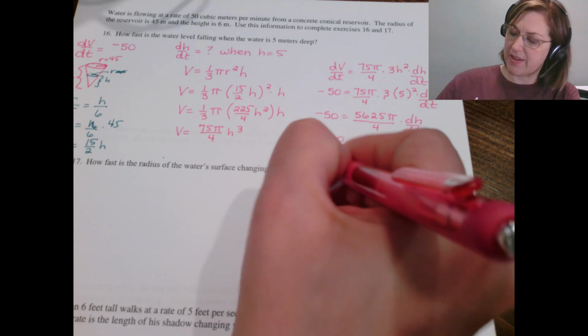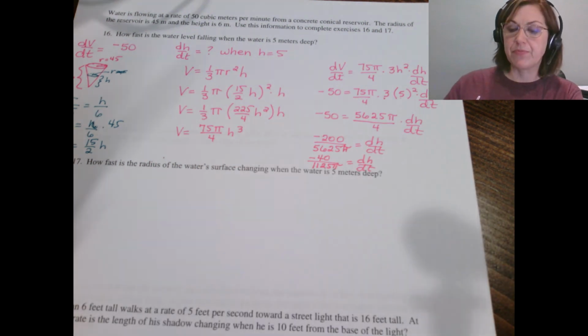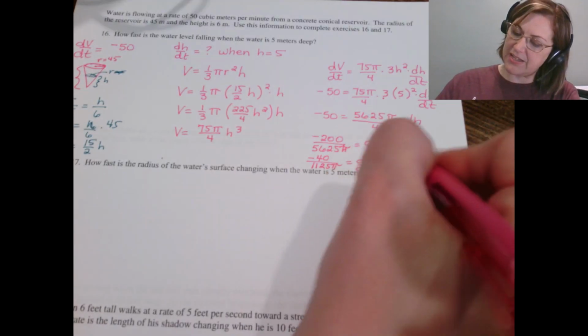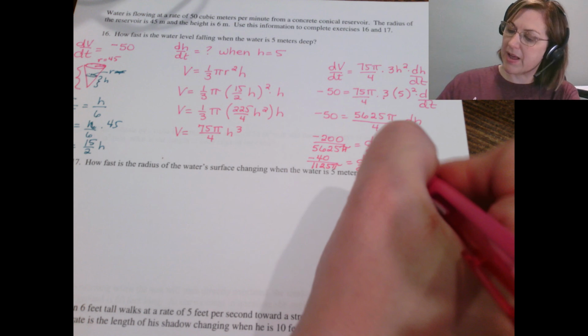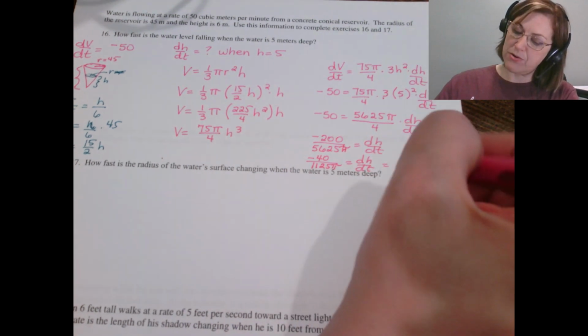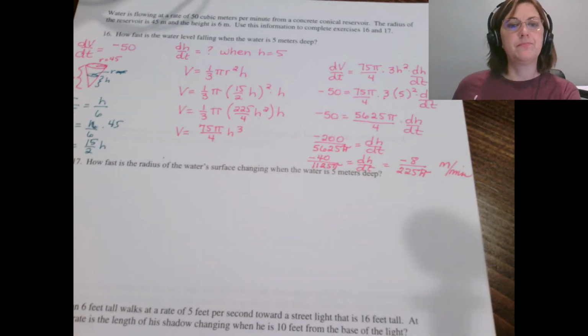Don't lose my pi on that, right? I think I can go by 5 one more time. And that gives me negative 8 over 225 pi. Don't forget your units, which are meters per minute.